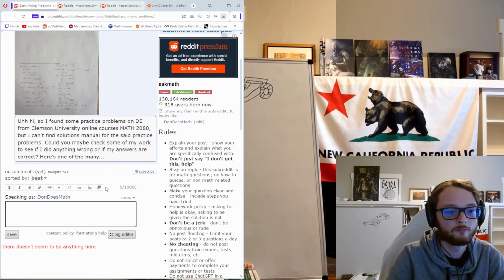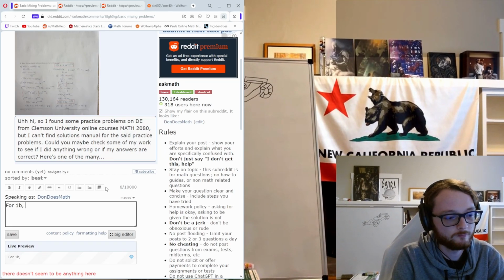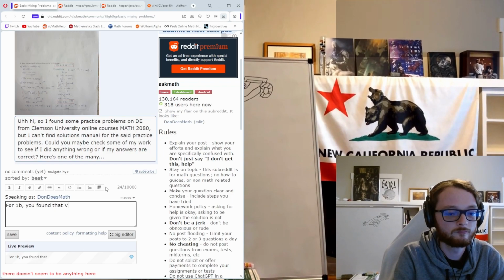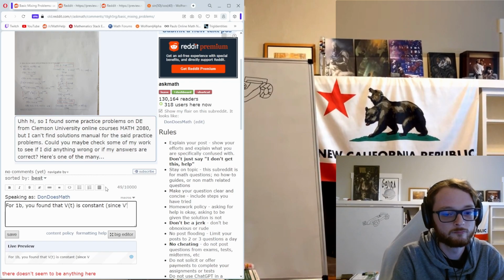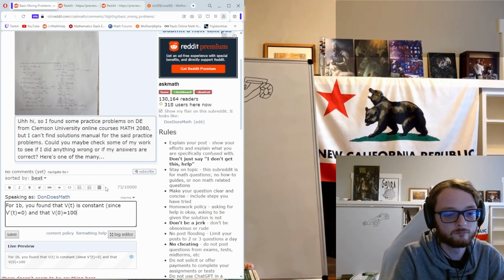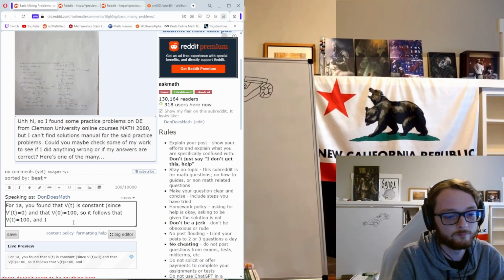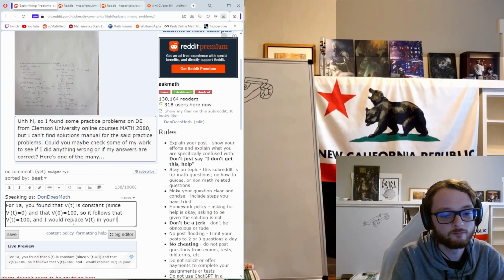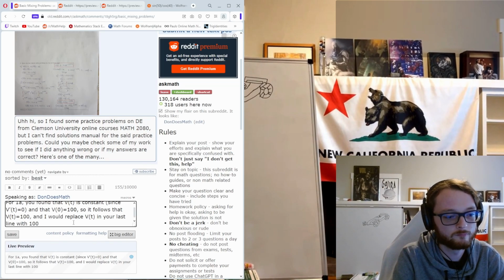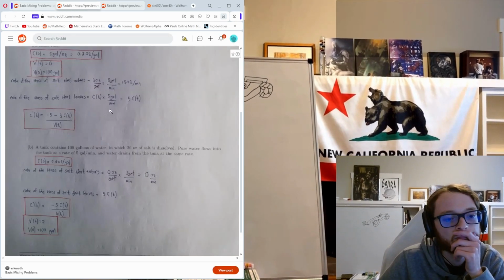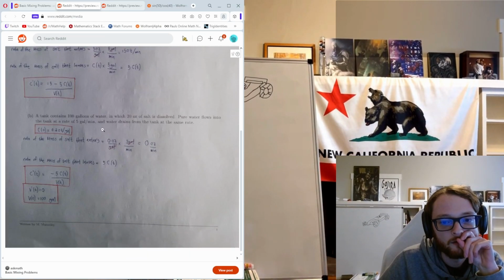1B. Or wait, 1B, 1A. Looking down at 1B, now it's pure water that's flowing in.